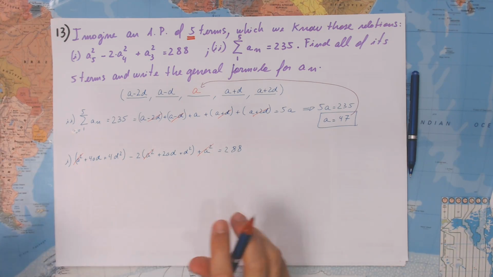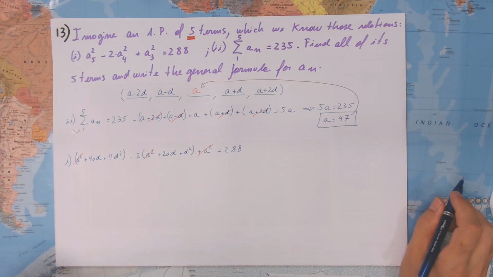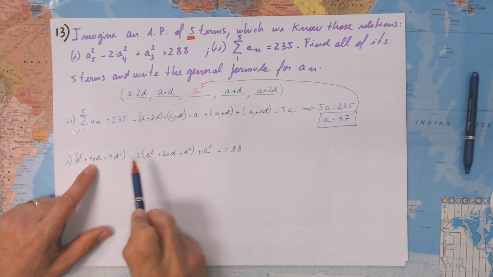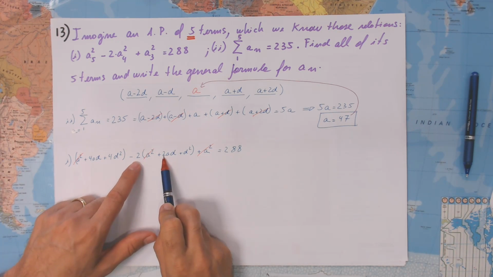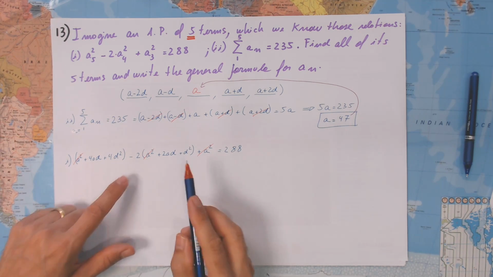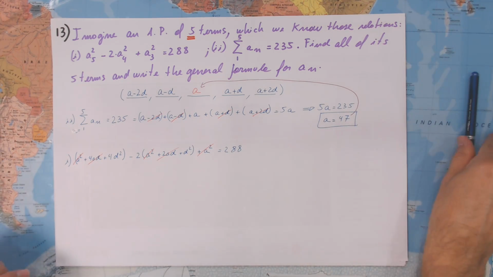So the A squareds are cancelled. We don't have to worry about them. Now, what can we also cancel? 4AD, and here this is going to be negative 4AD plus 4AD minus 4AD. Those are also going to cancel.